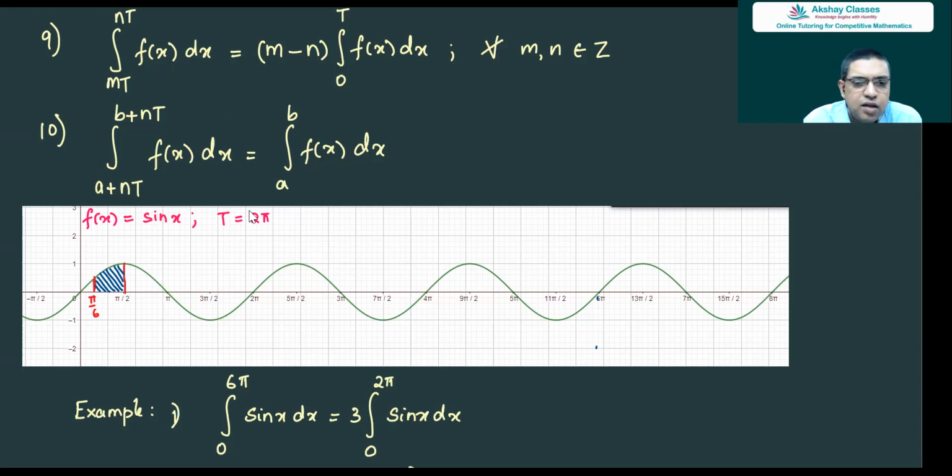Now, the same will be valid because the graphs are repeating itself because of periodic function. So exactly the same will be valid if you add 2 pi to it.